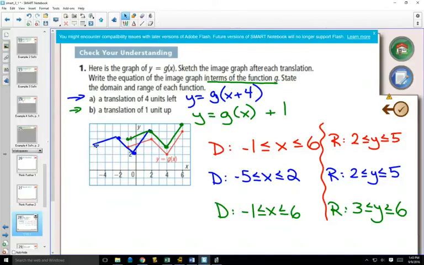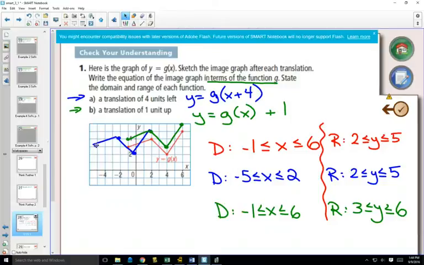Now in this question, when I went to figure out my domain and my range, what did I do? I looked at my graph. I looked at what my smallest value was for the blue graph and what my biggest one was, and I was able to write a domain from -5 to 2. As you get into more of these questions, sometimes they're going to say, do you understand what's happening?